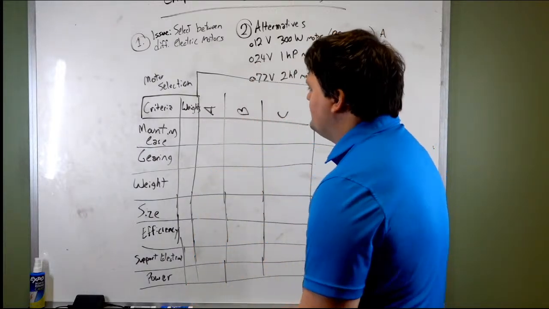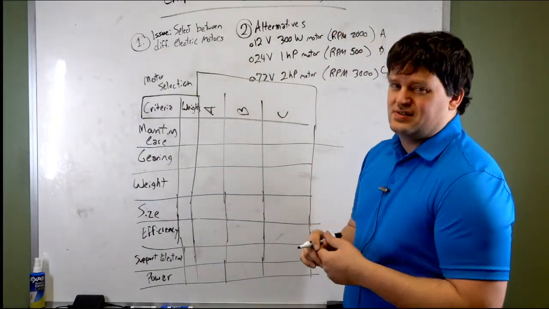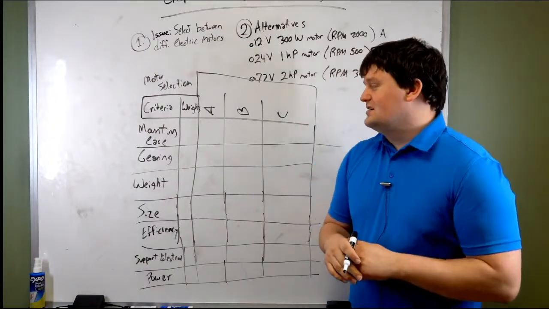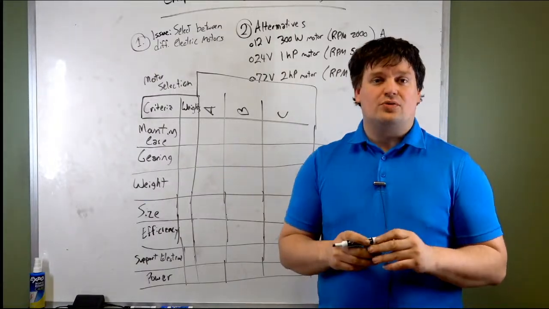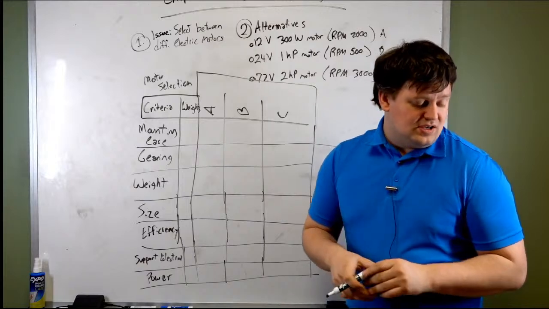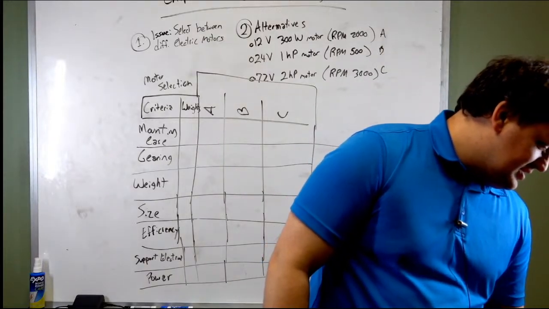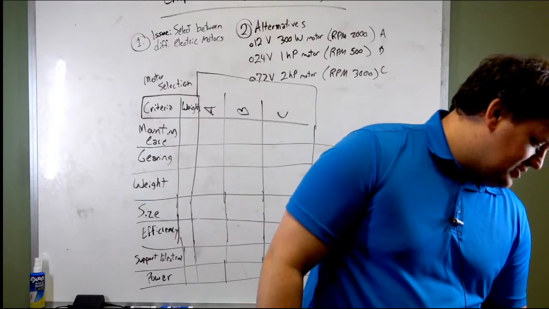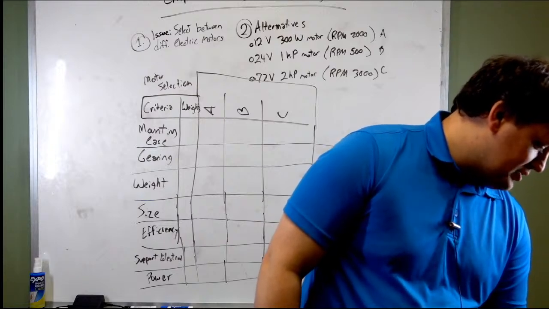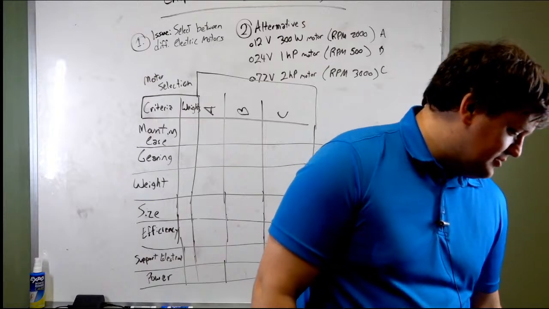So what we're going to do next is we have to assign weights to these. Now the importance of a weight is, a weight says, here is my relative importance.